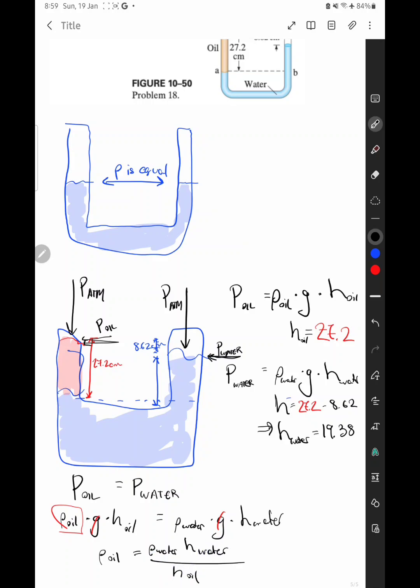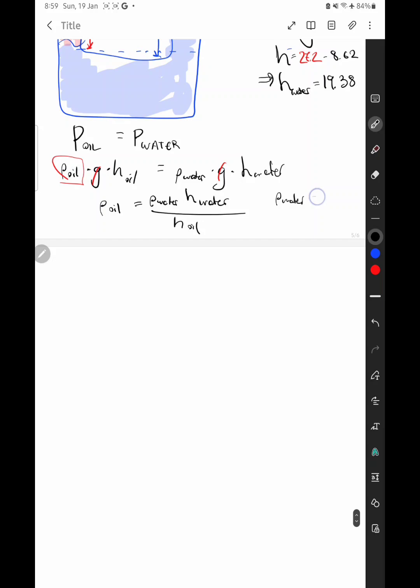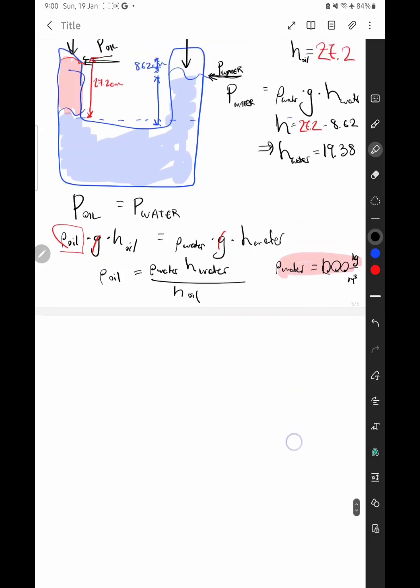And remember, usually they'll tell you that density of water is equal to 1,000 kilograms per meter cubed. But even if they don't, it's something you probably should know. But they'll probably tell you. But anyways, you substitute all of that in.